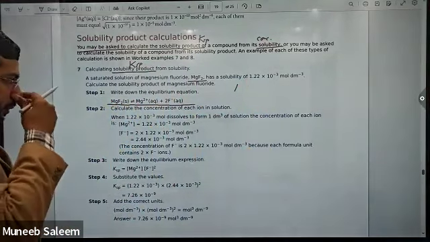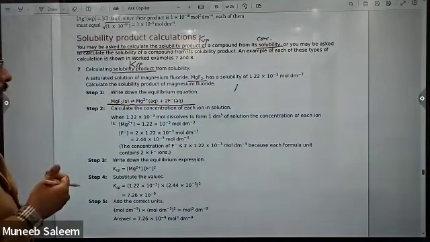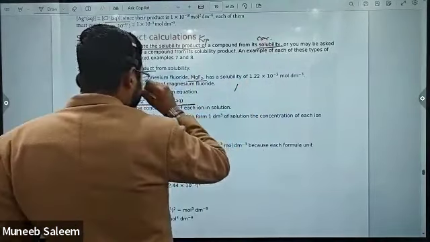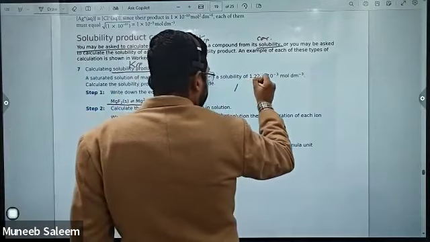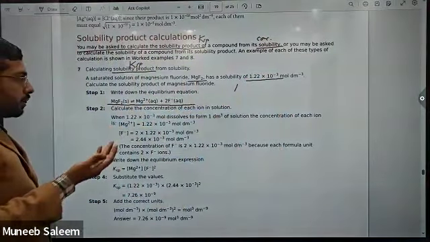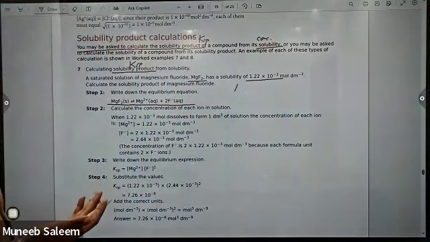After that, we have to use the information given. It says that the solubility is 1.22 times 10 to the minus 3. That is for one ion, either magnesium ion or the fluoride ions.